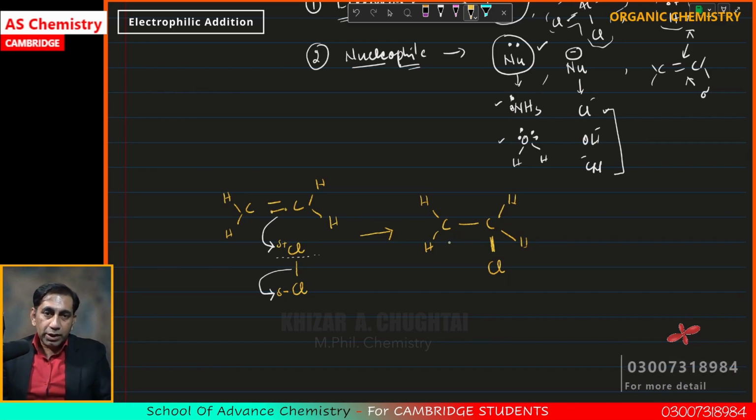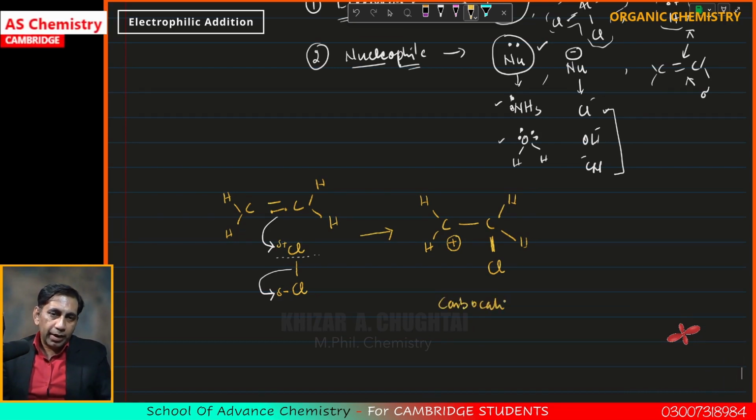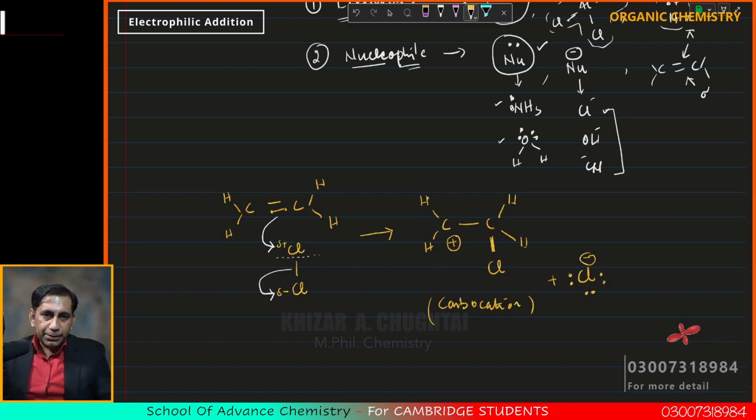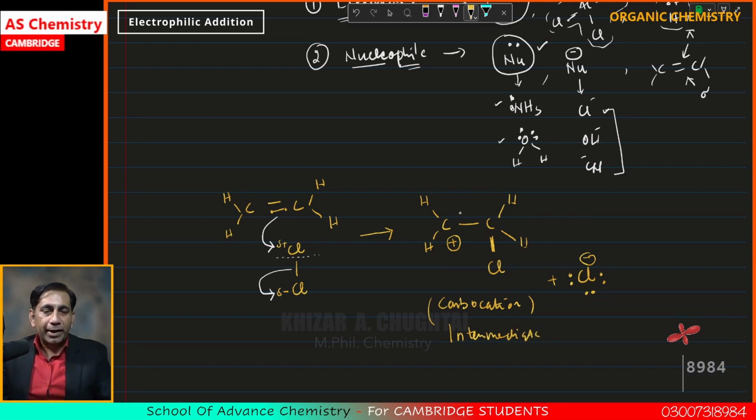It has now become positively charged. Yes, good. Now it has become a carbocation. And we have Cl negative charge with its three lone pairs. And this carbon species is said to be a carbocation intermediate. Carbocation intermediate is this one.